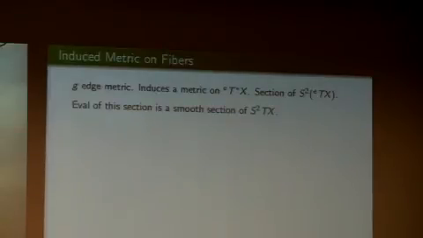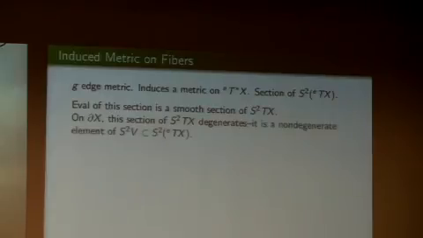Remember, we have this evaluation mapping that takes the edge tangent bundle to the usual tangent bundle. It just evaluates, so the x's that multiply the x and dy pieces vanish. When we evaluate that, we get a smooth section of the usual tangent bundle, but it only has vertical pieces in it. So on the boundary we get something that degenerates, and it's actually a non-degenerate element of the second symmetric power of phi.